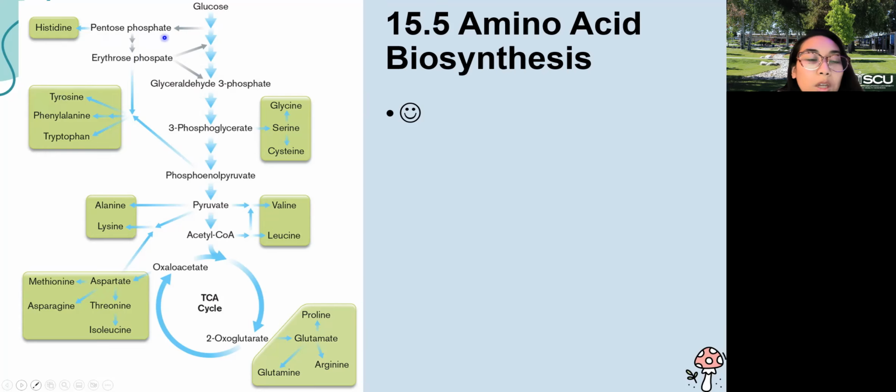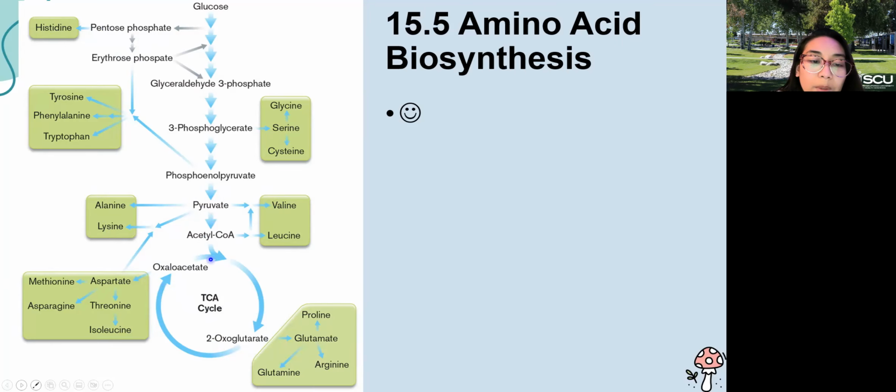Phosphoenolpyruvate is used to make a bunch of these. If we went into the pentose phosphate pathway, we would make a bunch of these guys, right? So there's a lot. Pyruvate makes a lot: valine, leucine, alanine, lysine. And remember, I showed you that oxaloacetate is responsible for making a bunch of amino acids, and alpha-ketoglutarate, also known as 2-oxoglutarate, makes a bunch of amino acids also. So a bunch of things that make a bunch of other things.